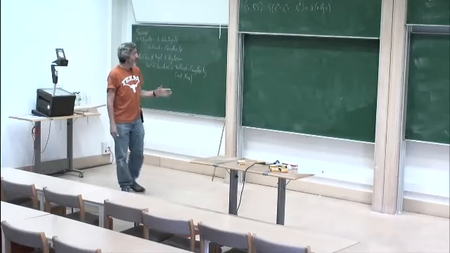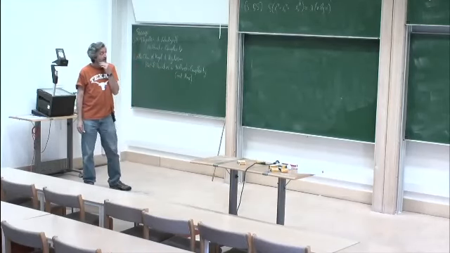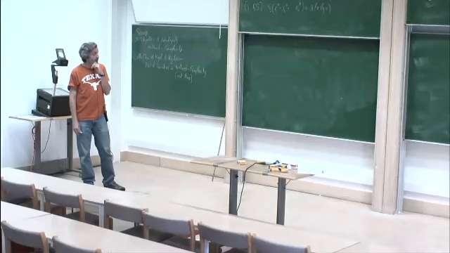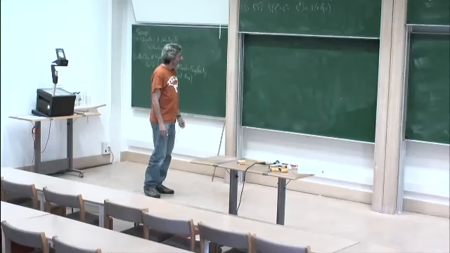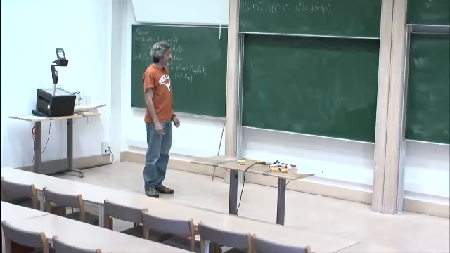Here I want to start using partial derivatives as a way of proving lower bounds directly, as progress measures. And I want to tell you a couple of results like this, very beautiful results.